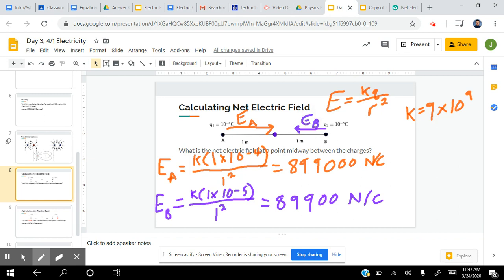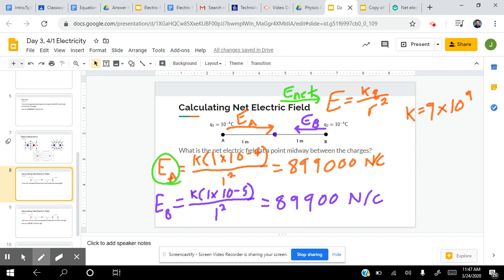And what we want to know is, which direction is this thing moving and with what magnitude? Well, it's obviously pushing, it has a stronger electric field from A than it does from B. So it's going to be moving to the right. So my net electric field is going to be moving to the right. Well, with what value?